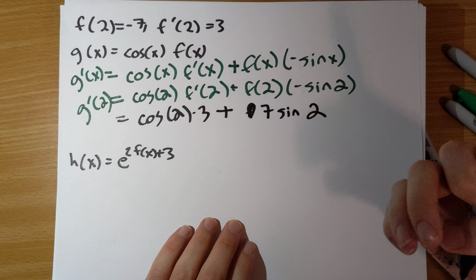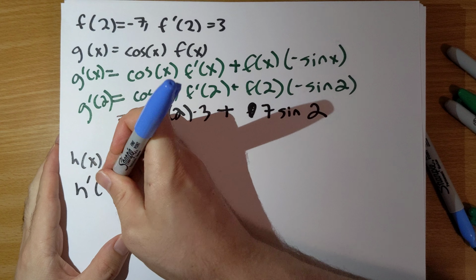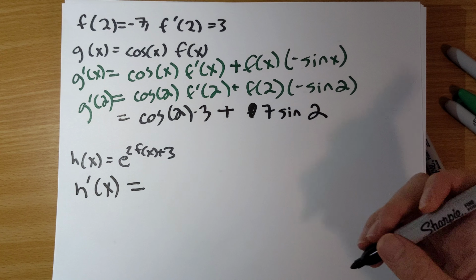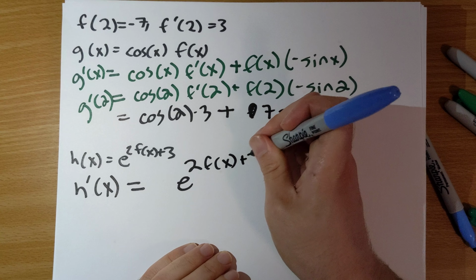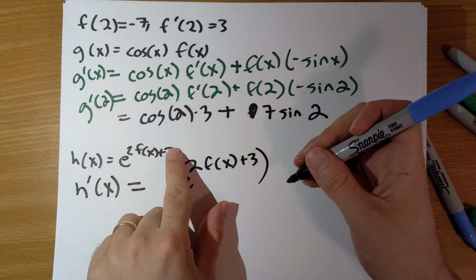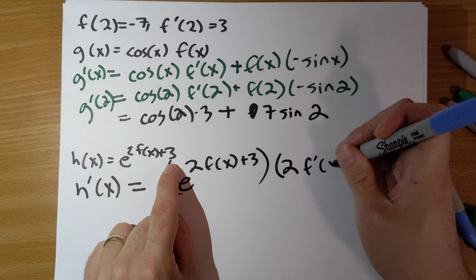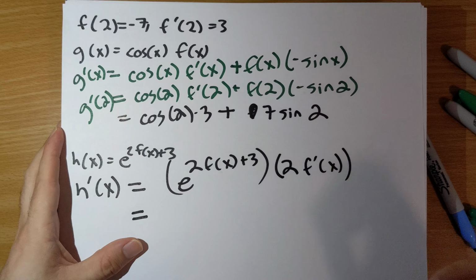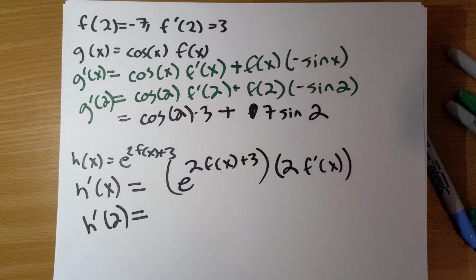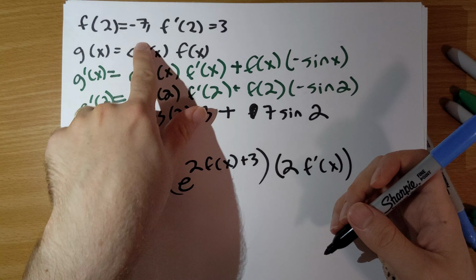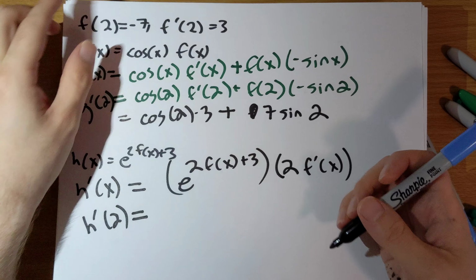Okay, in a similar spirit, h of x is e to the 2f of x plus 3. H prime of x is equal to e to the 2 times f of x plus 3 times the derivative of what's upstairs. The derivative of 2f of x plus 3 is 2f prime of x. Okay, so what is h prime of 2? Same thing, we're going to plop in x is equal to 2, and then use these replacements up here.